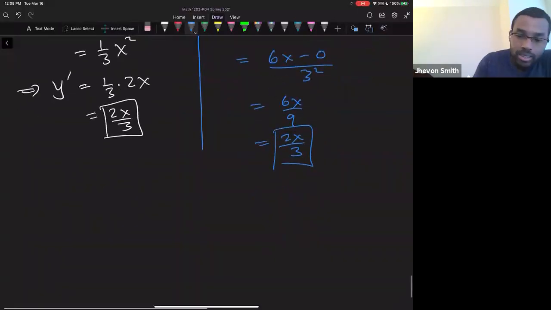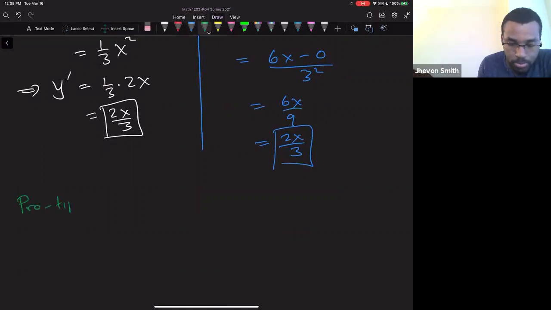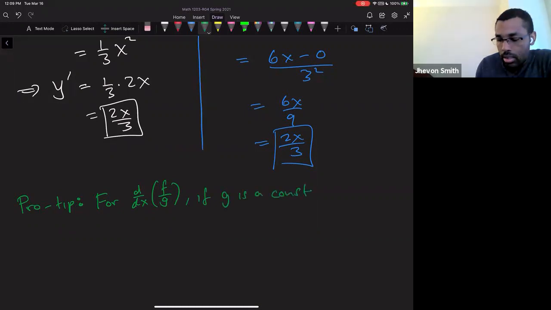And in fact, I will say this as a pro tip. For d dx of f over g, if g is a constant, just leave it alone and differentiate f.